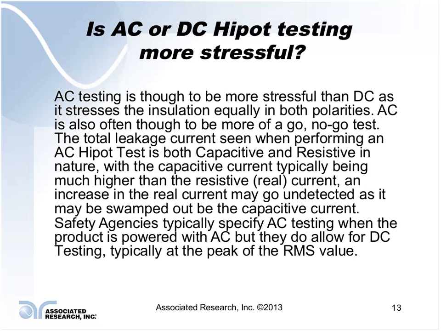And part of the reason for that is that the leakage current that you see during an AC Hipot test is the total leakage current that flows through the product, that is due both to the capacitive reactance of that product itself and the insulation resistance.